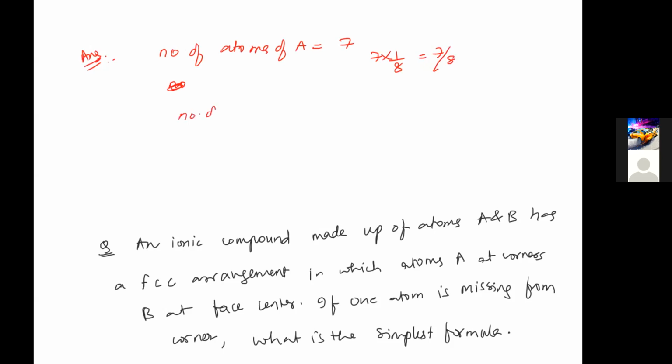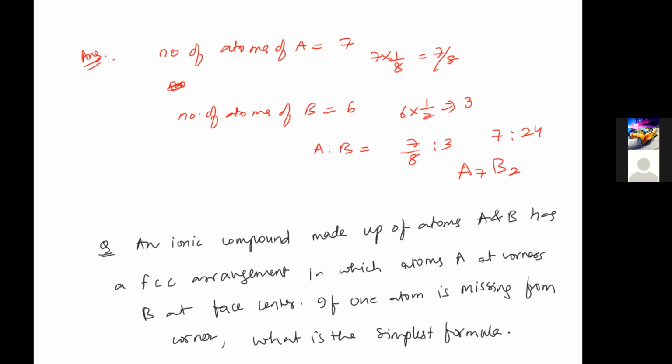Now the number of atoms of B are actually 6 at 6 different face centers, but the contribution is only 3. So the ratio of A to B is 7 by 8 to 3. You can multiply both by 8 and you get 7 to 24. The formula you can write as A7B24 in the options, and you can mark it.